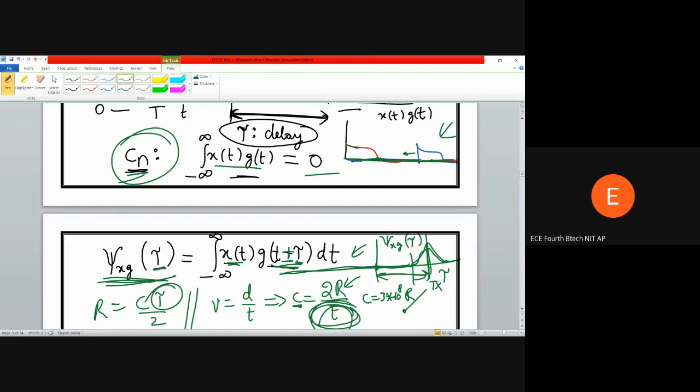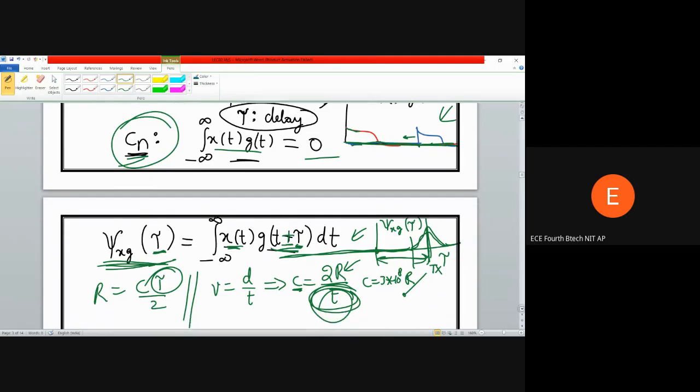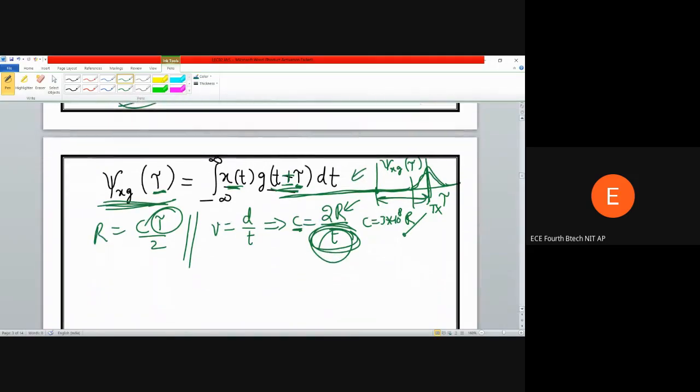So finally, what I would like to say is that this correlation function psi x g of tau, you can also write as the integral from minus infinity to infinity of x of t plus or minus tau into g of t dt.